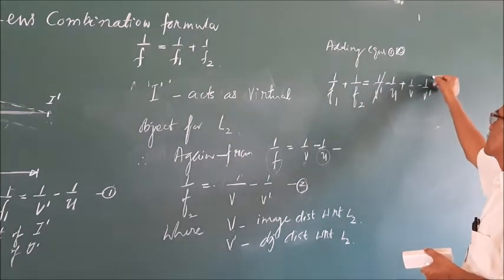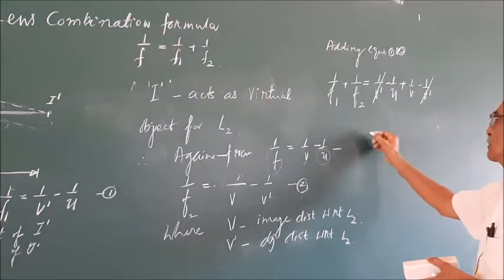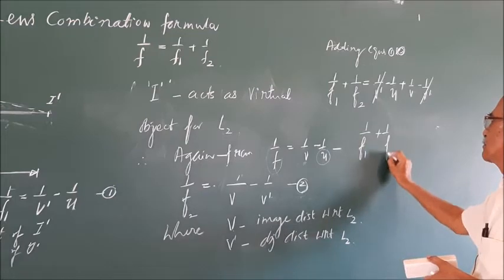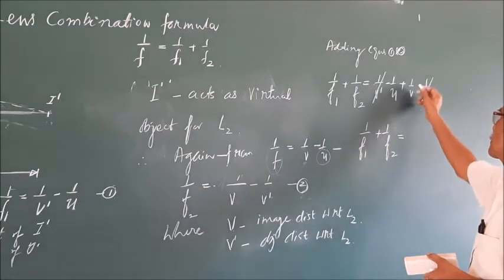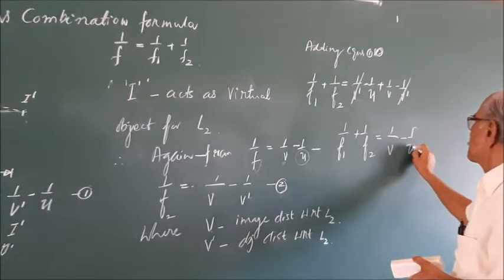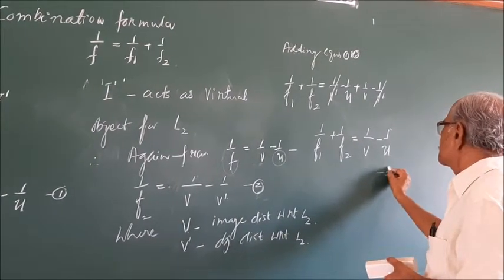This cancels, giving you 1 over f1 plus 1 over f2 is 1 over v minus 1 over u. I will call this equation 3.